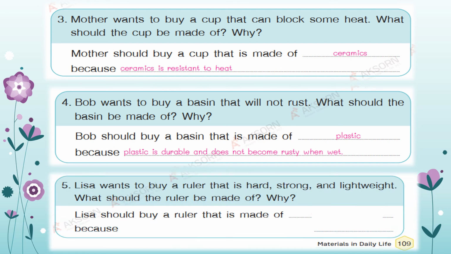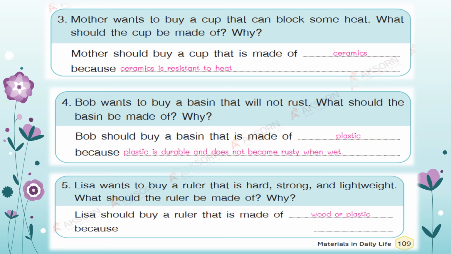Number 5, Lisa wants to buy a ruler that is hard, strong, and lightweight. What should the ruler be made of and why? Lisa should buy a ruler that is made of wood or plastic, right?